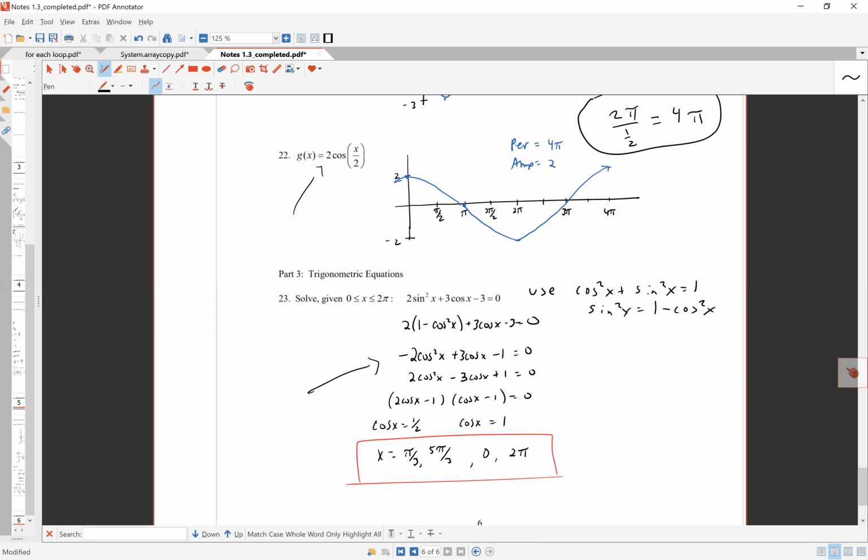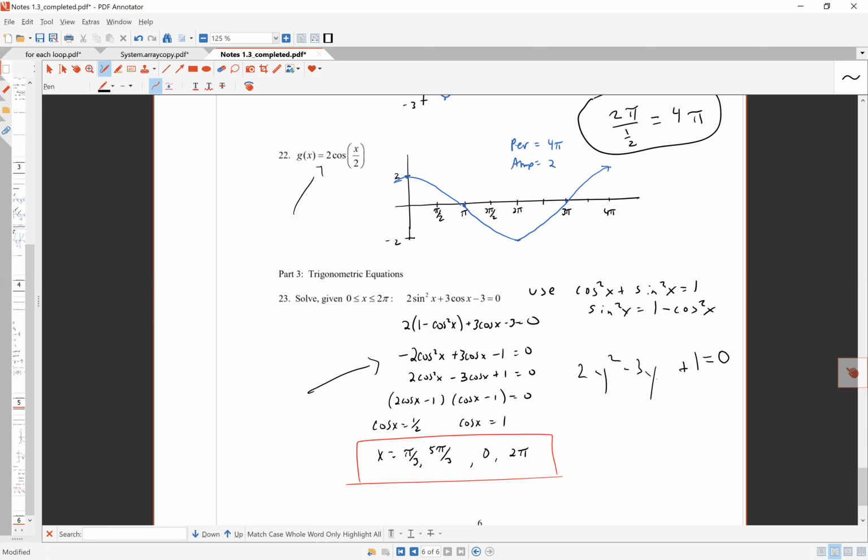These are the kind of equations we hated factoring in algebra. But if you're having a hard time factoring, just substitute y for cosine of x and factor, and then make sure you put the cosine back. You can always factor that polynomial on the left.